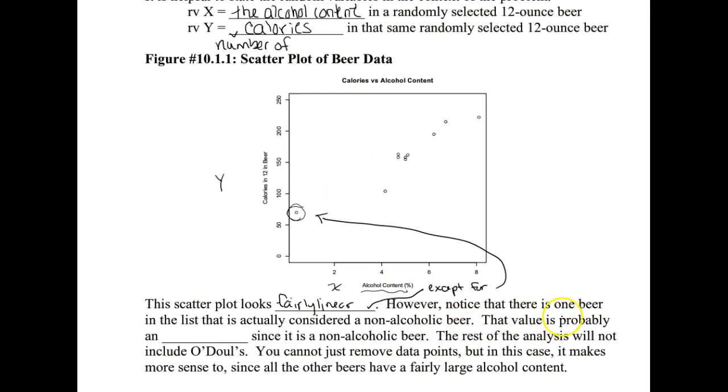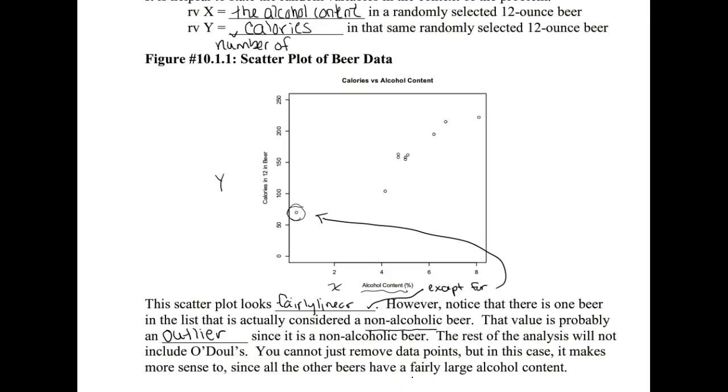We should notice that there's one beer in the list that's actually a non-alcoholic beer. So that value is probably an outlier. It's way far from the data since it's a non-alcoholic beer, so for the rest of the analysis, we're not going to include it. Now, we can't just remove data points because they're a pain.